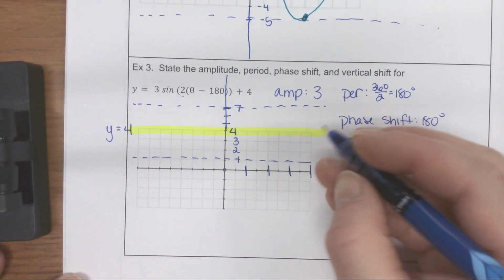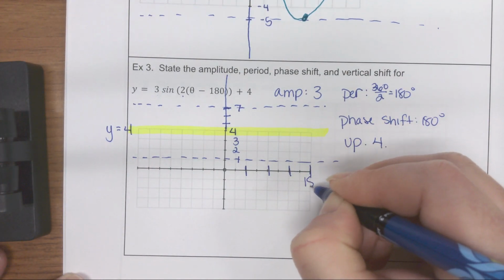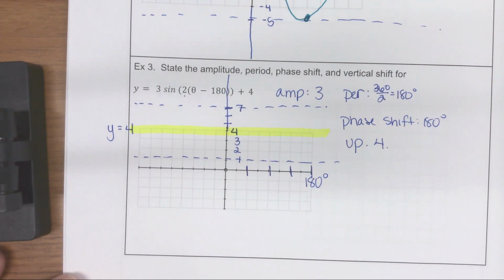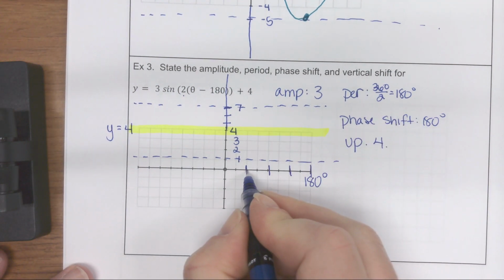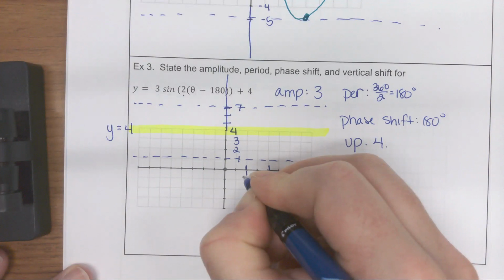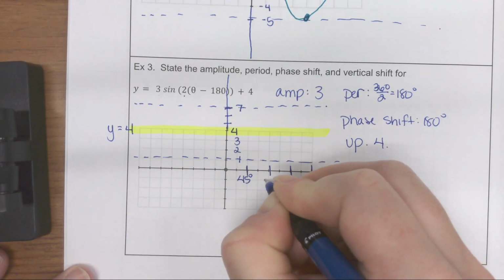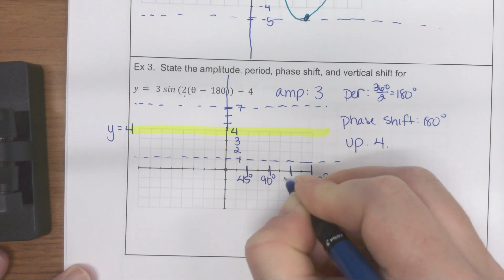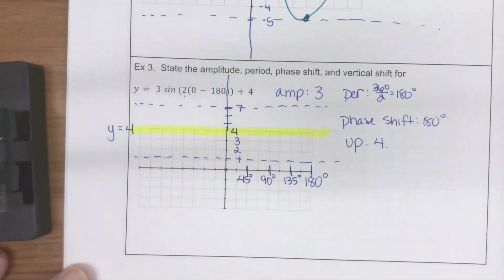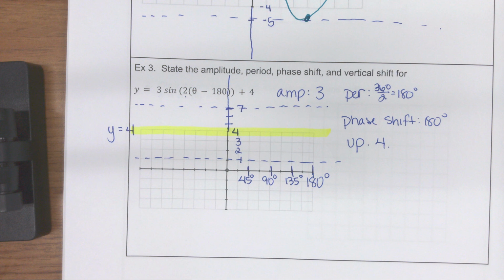And I am going to put 180 on the end, which means my tick marks are going to all be 45s. Okay. And I'm going to lightly, because I have a phase shift going on, graph what this curve would be before the phase shift.